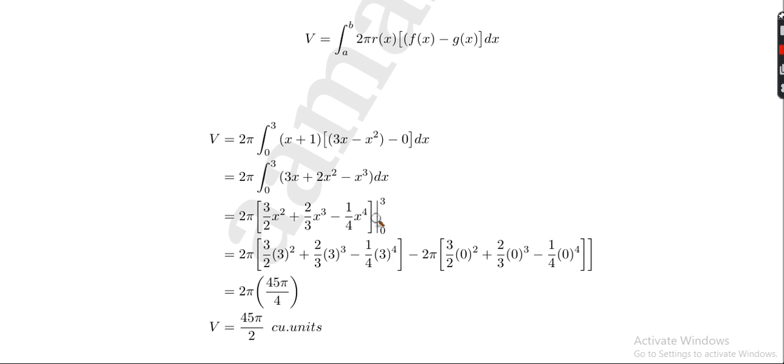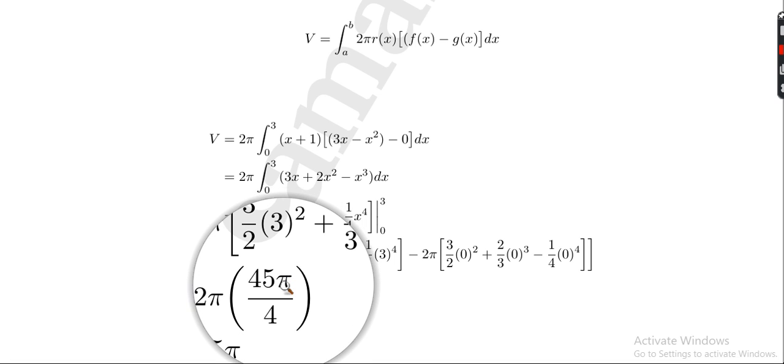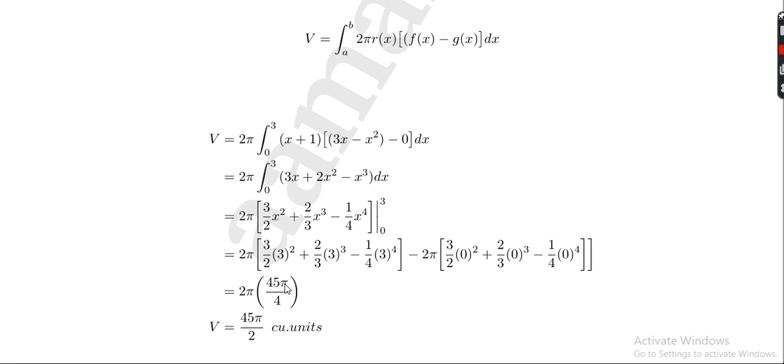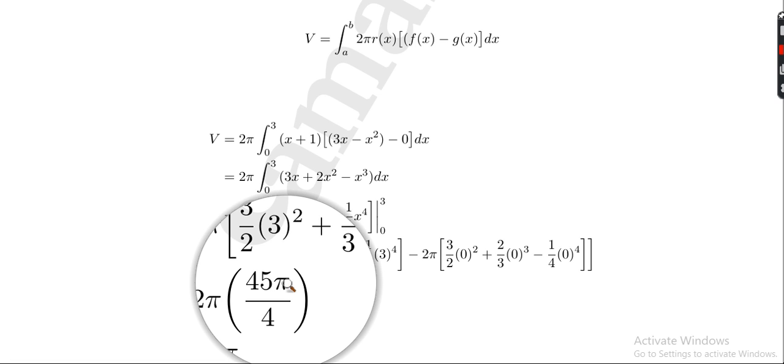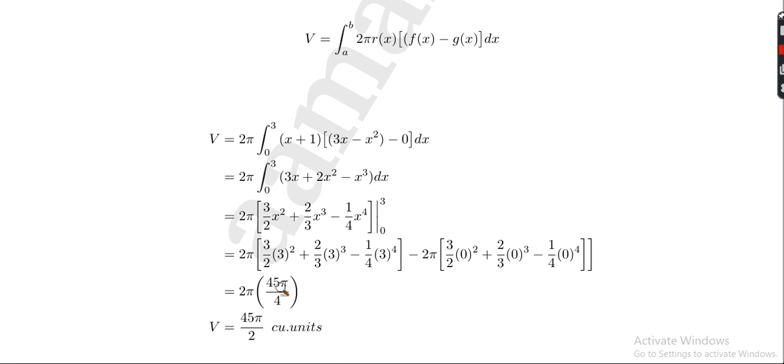And then let's substitute the upper limit and the lower limit. So the second term is definitely equal to 0, and then simplifying the first term inside the bracket, so this is equal to 45/4. Okay, so there's a typographical error on this pi, so yung pi dito is not included, and then you multiply it with 2 pi.